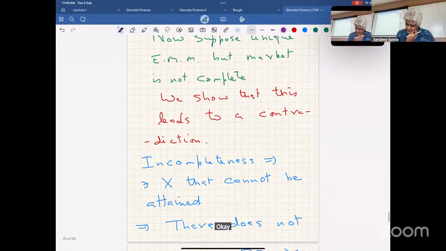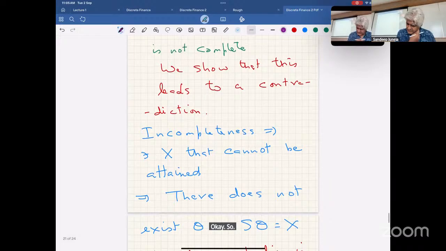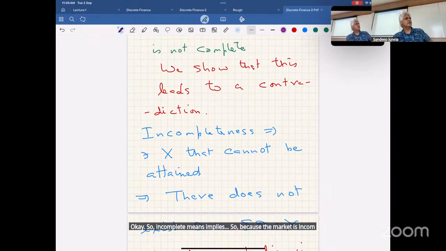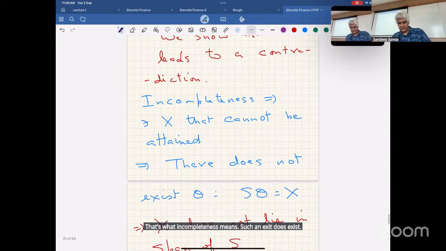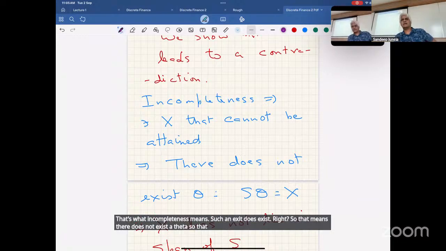Incompleteness means there's a contingent claim X that cannot be attained. Such an X does exist. So there does not exist a theta such that S theta is equal to X, hence it can't be attained.